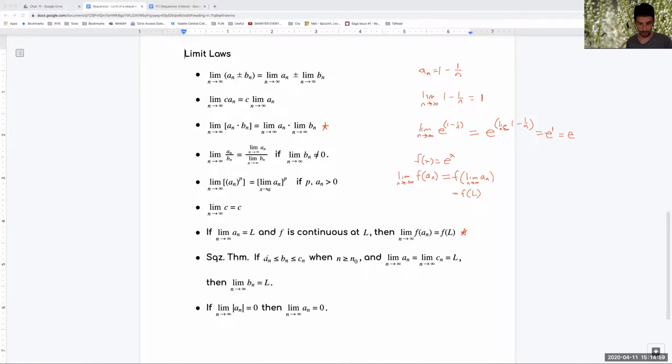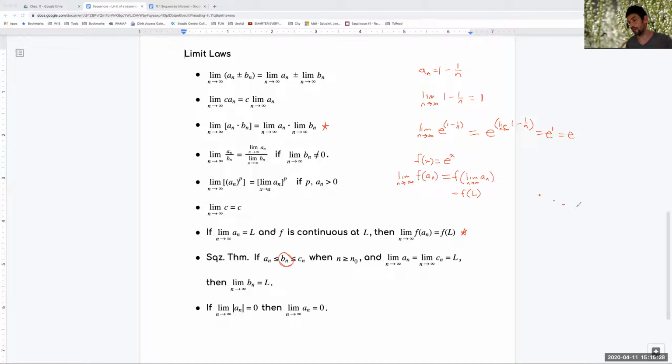All right, here's another one you will remember from previous courses, the squeeze theorem. You can read through this, but essentially it says if the sequence we're interested in, in this case we're trying to figure out the sequence b sub n, and I know that it lives between two other sequences whose limits are the same, then b sub n's limit must also be that, right? Our picture is something like this.